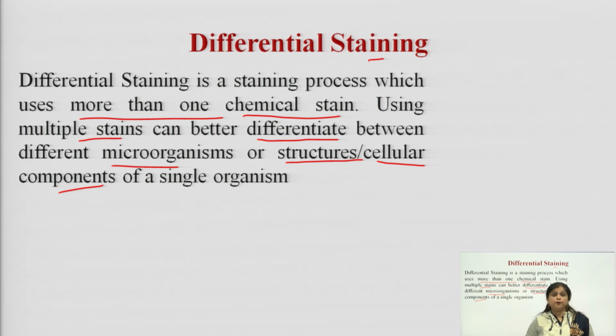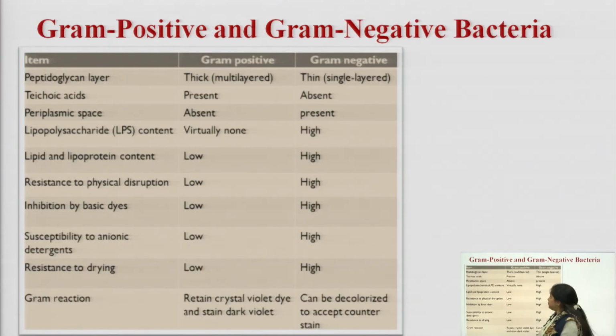Now how do gram positive and gram negative bacteria differ, and what is the main difference in their cell components? As you can see in this table, here we have gram positive and here is gram negative. Like the peptidoglycan layer: gram positive bacteria have a thick peptidoglycan layer, whereas gram negative bacteria have a thin or single layered peptidoglycan layer.